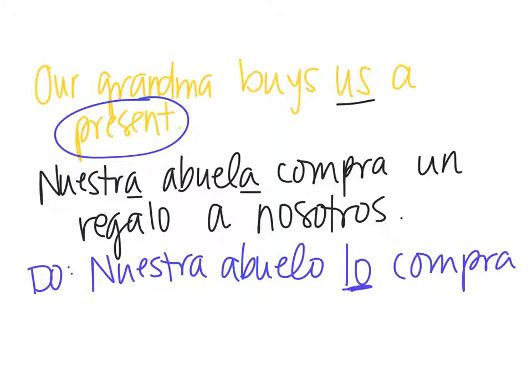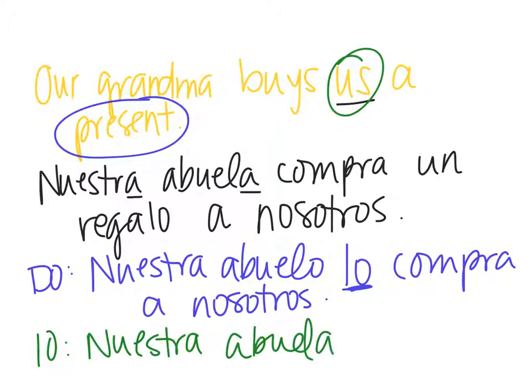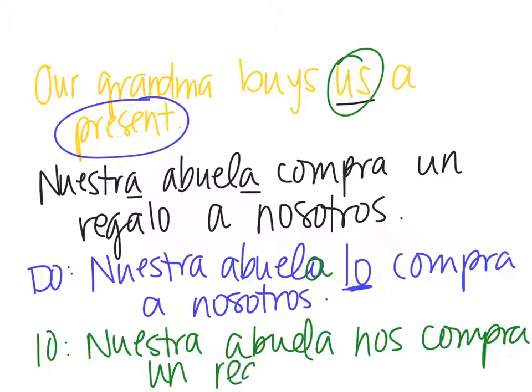Lo compra a nosotros. Okay. What if I wanted to convert just the indirect object? What's the indirect object? Us, right? So us is nos. Nuestra abuela nos compra un regalo. Right?